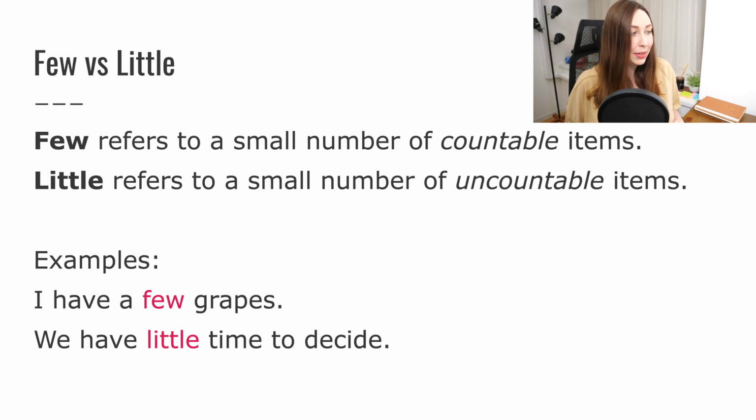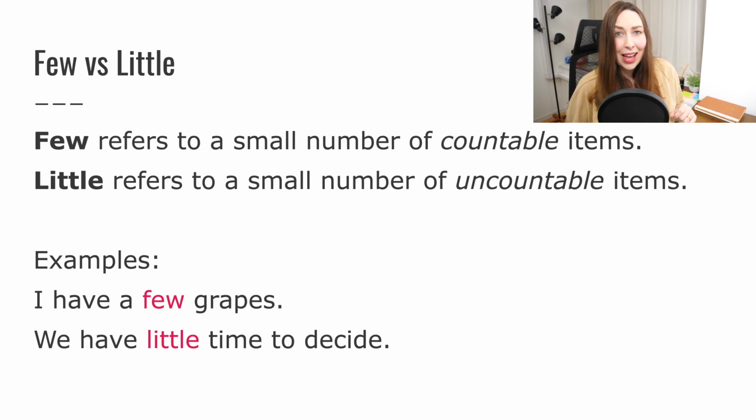Here are some examples. I have a few grapes. We have little time to decide. Okay, so when you're talking about something countable, in this case grapes, you can count them: 1 grape, 2 grapes, 3 grapes. We can say we have a few grapes.